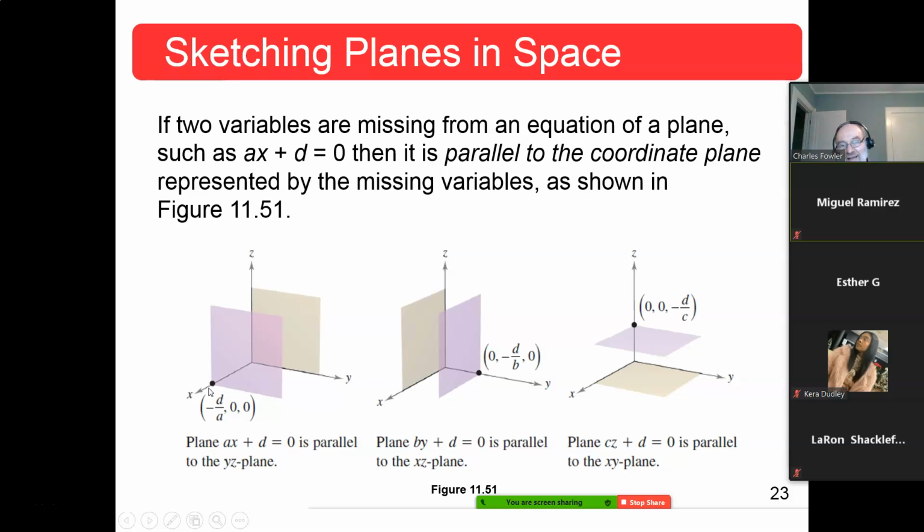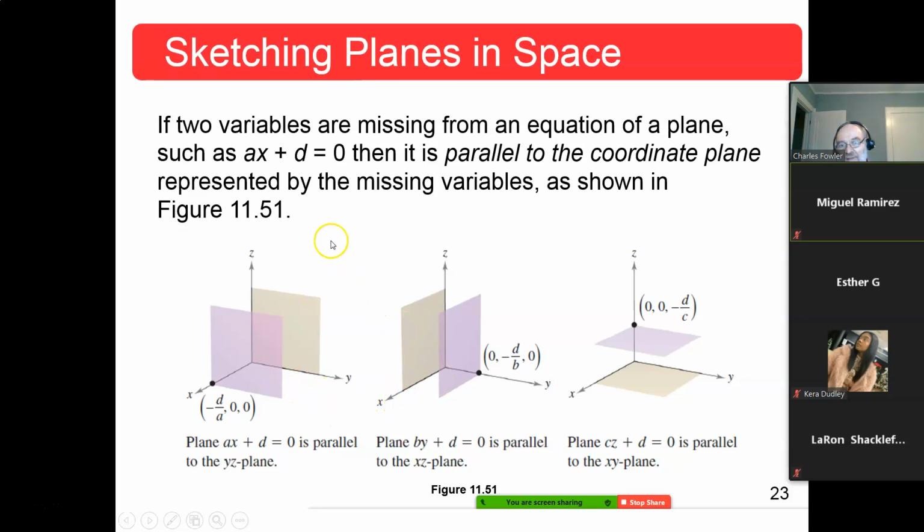Now, I don't like the way they've drawn this, okay? Because you think of the d being positive and the a being positive. It's obviously not, okay? Because this is in the positive x-axis. So either d or a is negative. I don't know which, okay? They really should have put this back here, I think, but they didn't, okay?